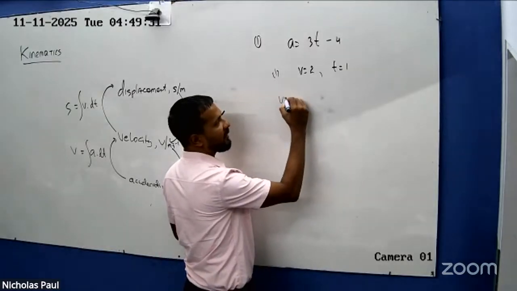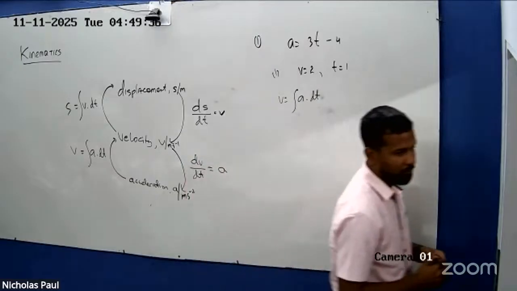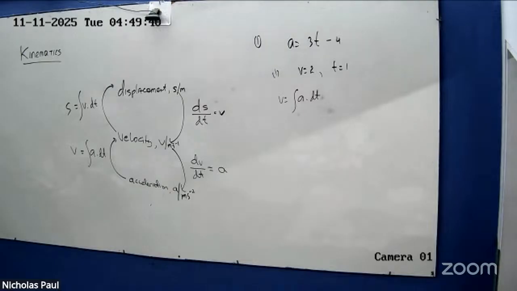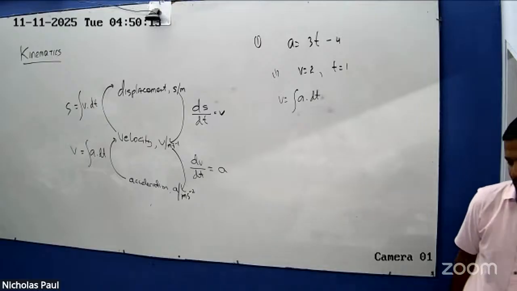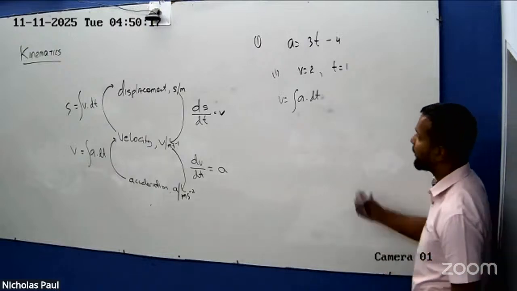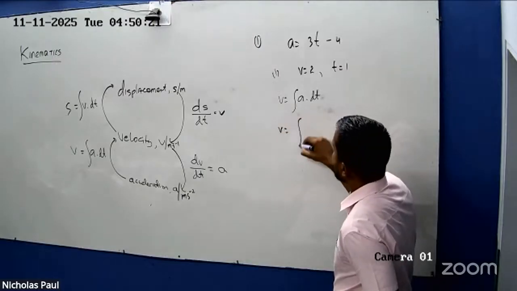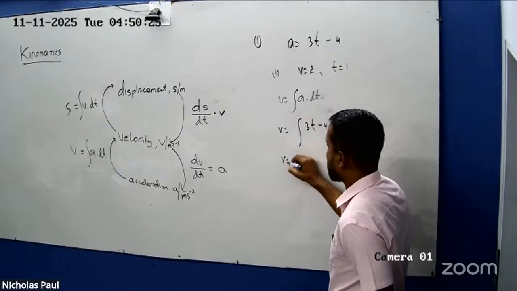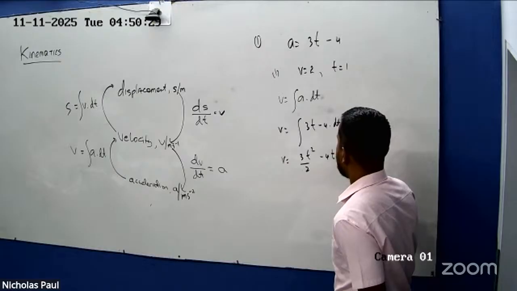Right, so we all recognize that we have to integrate, right? Whenever we integrate 3t minus 4, you'll get 3t squared on 2 minus 4t plus c.